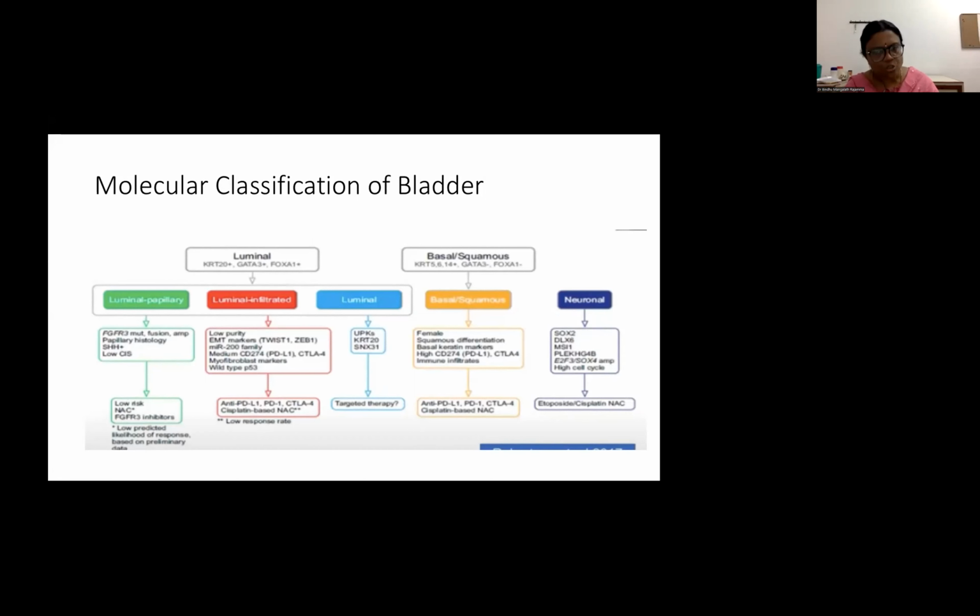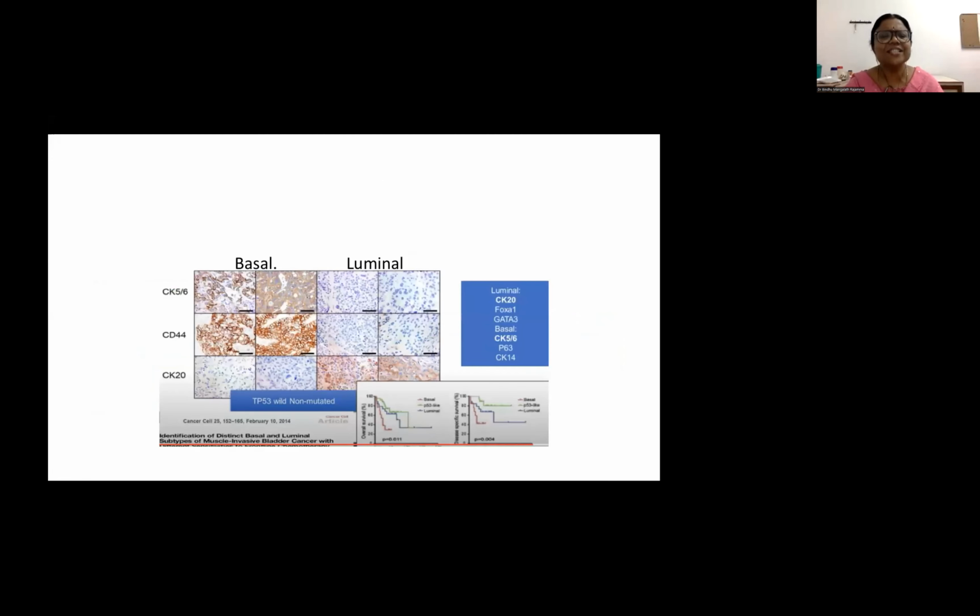Definitely the answer is no, because we have some IHC markers available today which can act as surrogates so that we are able to categorize this tumor and do a molecular classification into basal and luminal.